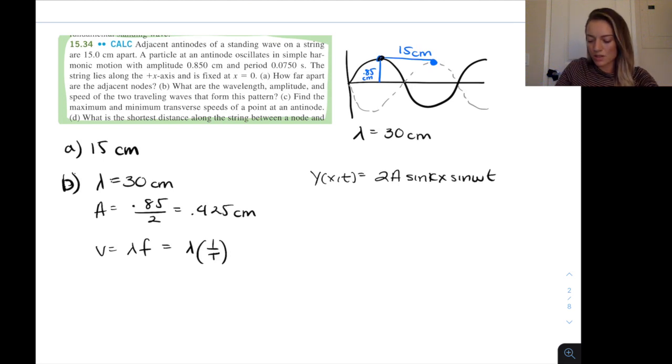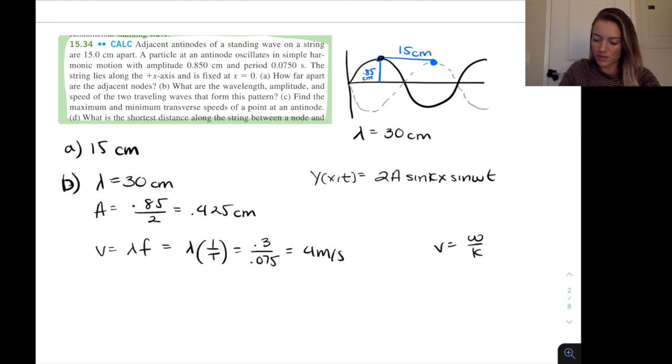So we can just divide 0.3, because it was 30 centimeters, so that's 0.3 meters, by 0.075, and we get 4 meters per second. You could also use that other formula, and that's fine. Okay, so these are our answers for part B. We have the wavelength is 30 centimeters, the amplitude, and the wave speed of each.